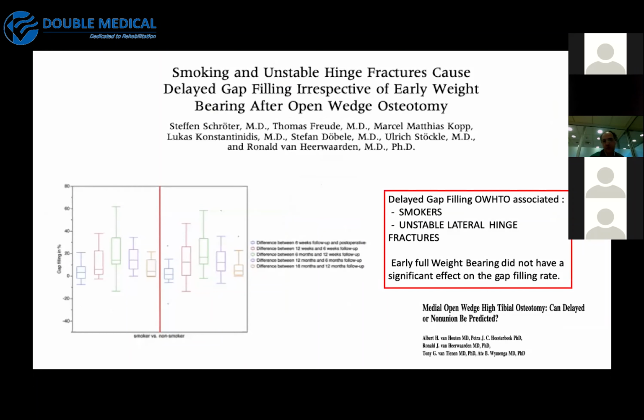So as the previous speaker said, smokers and unstable lateral hinge fractures are predictors of a delayed gap filling in an open wedge HTO. But early full weight bearing has no implications on the results. So these plates, when you're using Tomofix, are very strong, so we can allow full weight bearing from the first moment that we do the surgery.